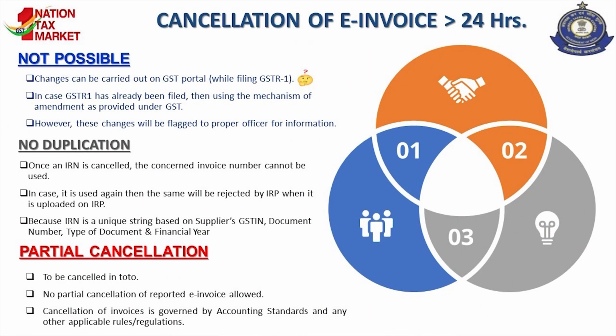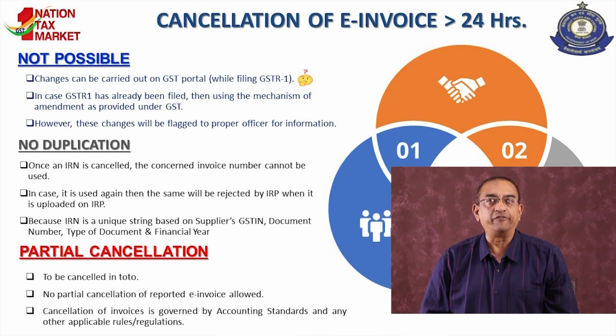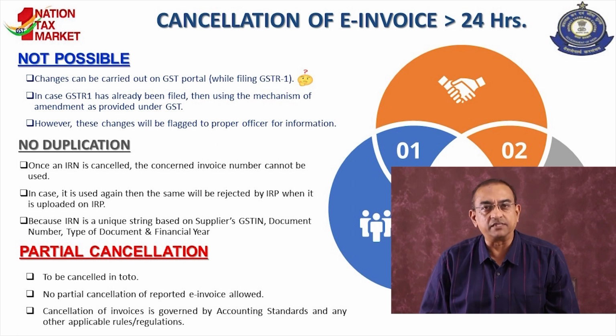Once the invoice reference number is generated, it may not be possible for the taxpayer to cancel the e-invoice beyond 24 hours. The changes will have to be carried only while filing the statement of outward supply, which is called the GSTR1, at the time of filing the return.